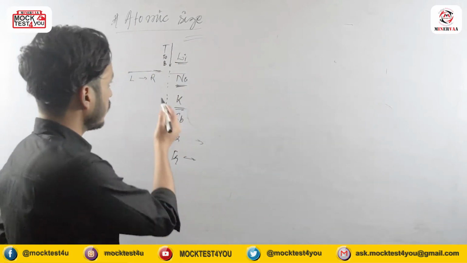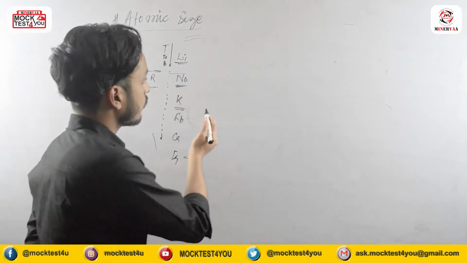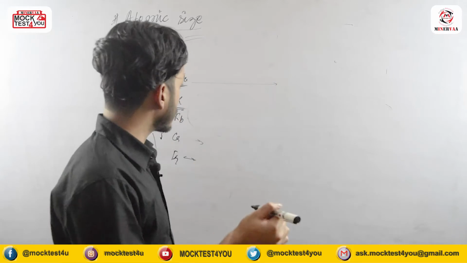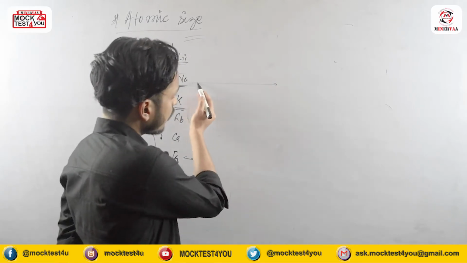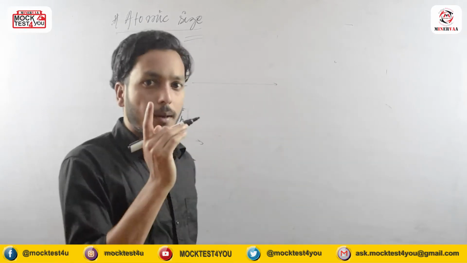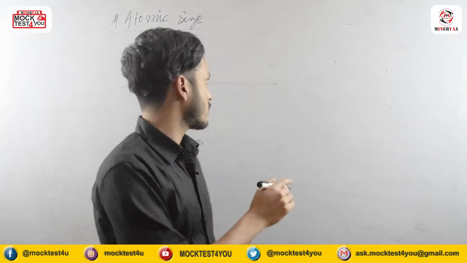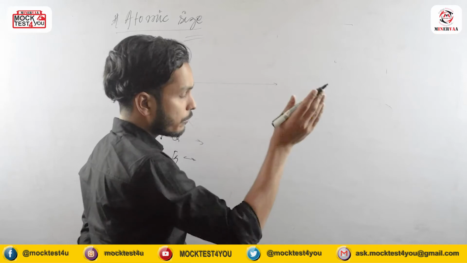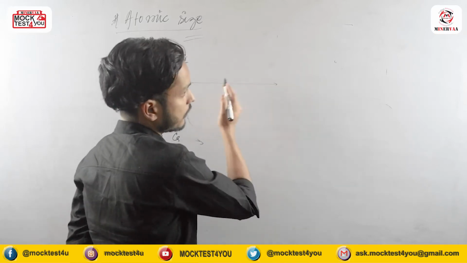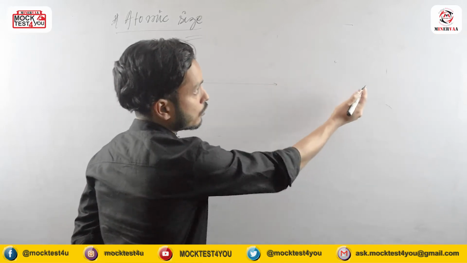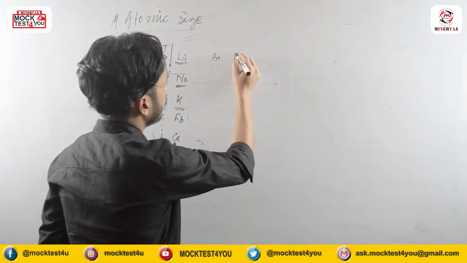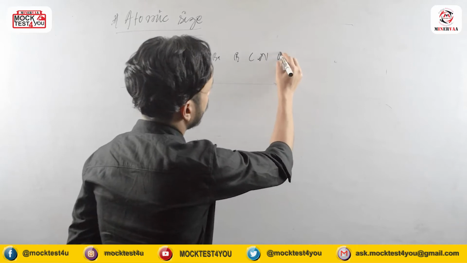Now we will talk about what happens if you are moving from left to right, okay? So now just imagine one thing: if we are moving from left to right, atomic number is increasing, right? In the modern periodic table you will see hydrogen, helium, lithium, beryllium, boron, carbon, nitrogen, oxygen, right?